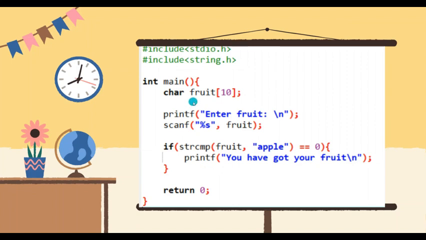If suppose I take fruit name as banana, then this condition will not get true and no statement will get printed.